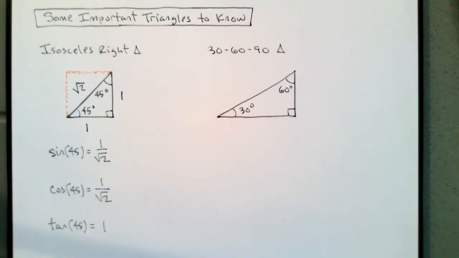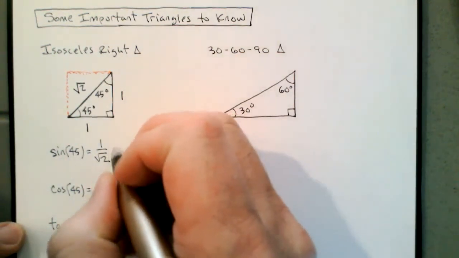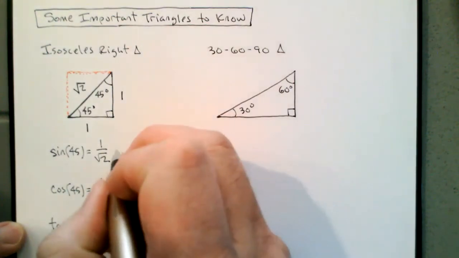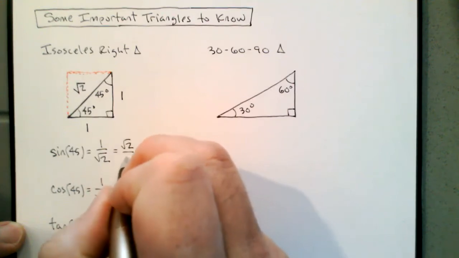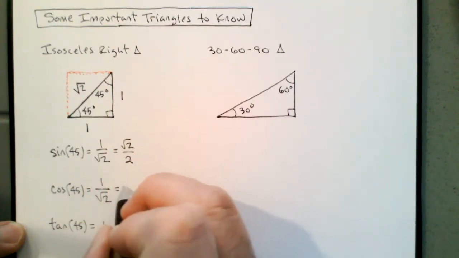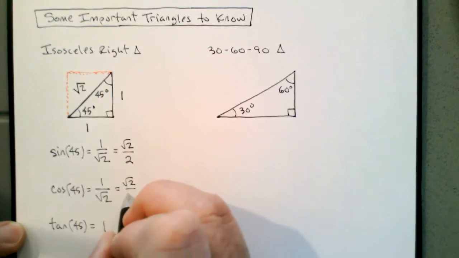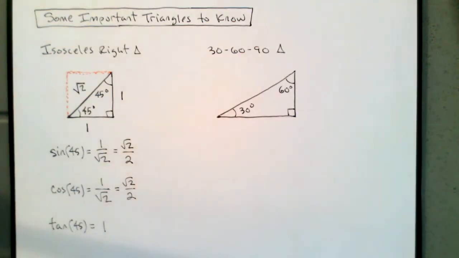So we have to rationalize our denominator. So 1 over the square root of 2, if I multiply on top and bottom by the square root of 2, I can rewrite this as the square root of 2 divided by 2. So the sine of 45 is the square root of 2 divided by 2.